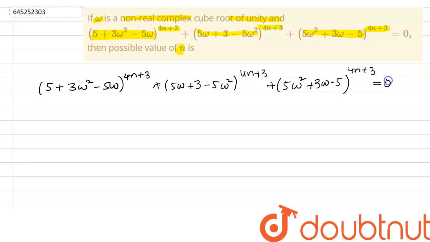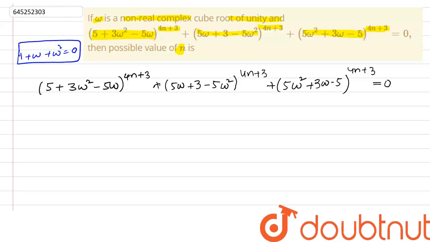This is equal to 0. Now let us see what we know about this omega. We know that 1 + omega + omega square is equal to 0. Let us apply this wherever it is required.